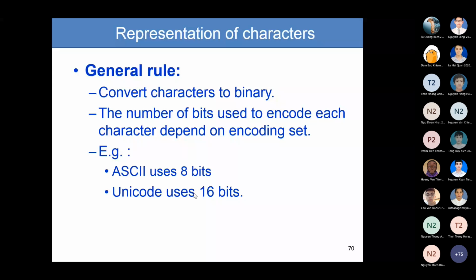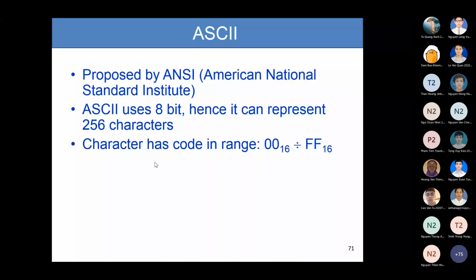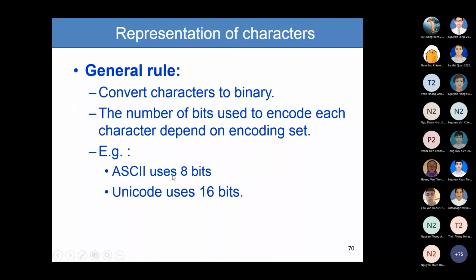Then how to represent these characters? We need a standard given by ASCII. ASCII comes from the American National Standards Institute. They proposed a standard, namely ASCII. ASCII uses 8 bits to represent a character.